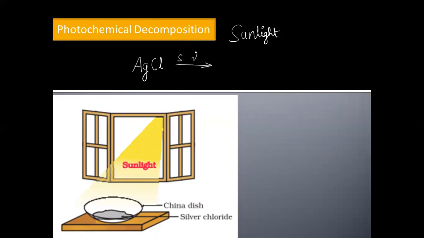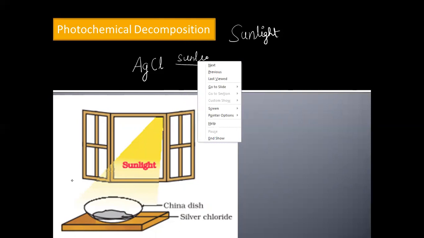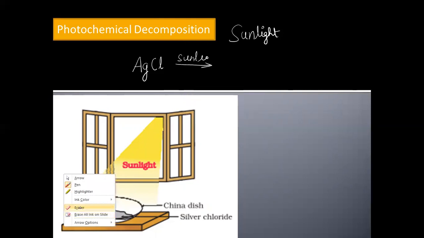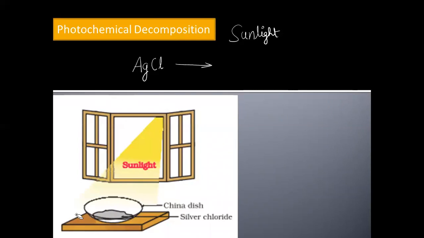If you place it in sunlight, let me just erase it. Let me write it once again. Right, sunlight. So silver will be formed separately.